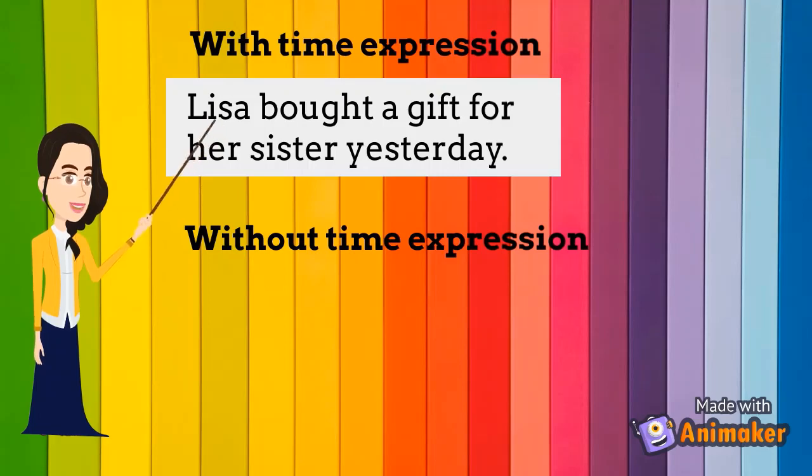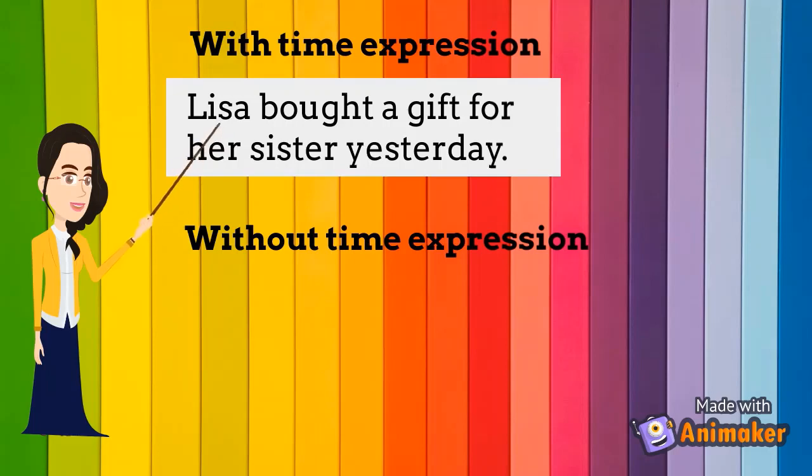So when we say yesterday, that's the time expression. Time expression is the word that tells us about time, like last week, last month, 2 years ago. Alright, those are all time expressions.